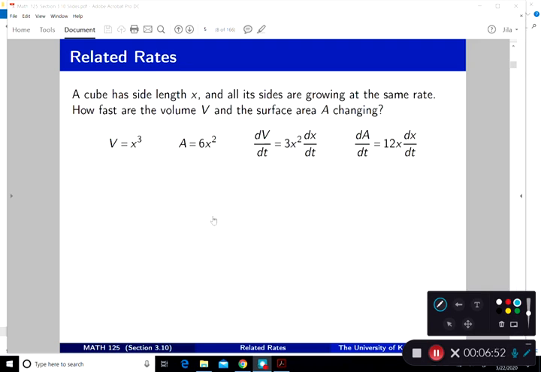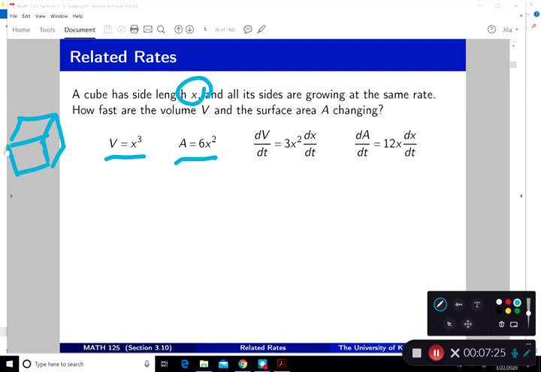And so what's the formula? First of all, I know both volume and surface area are related to the side of the cube. Surface area: there are 6 squares in the cube that are the surfaces of the cube, so you have to find the area of each and multiply by 6.